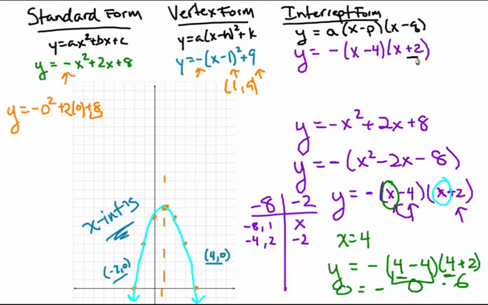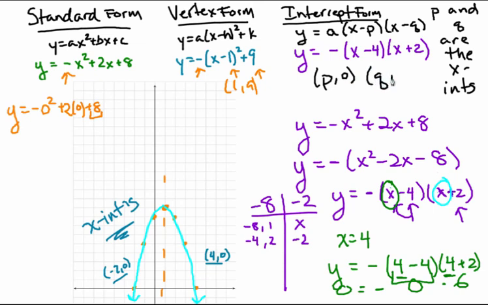This one is really a minus because we can think about this as x minus negative 2 being where that 0 was. Here, p and q are the x-intercepts, and that's why this is called intercept form, because (p, 0) and (q, 0) are the x-intercepts of the equation.